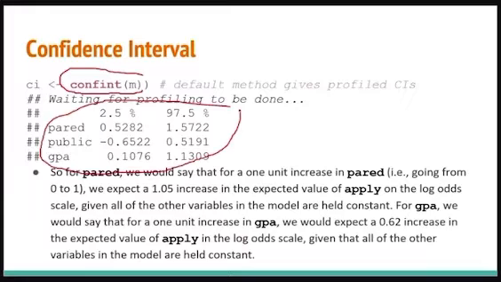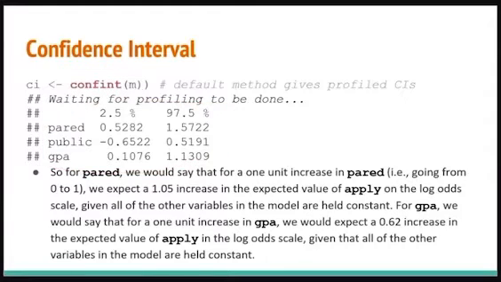Okay, it's trying to give you the estimate for each of the explanatory variables. Now, how do we interpret them?